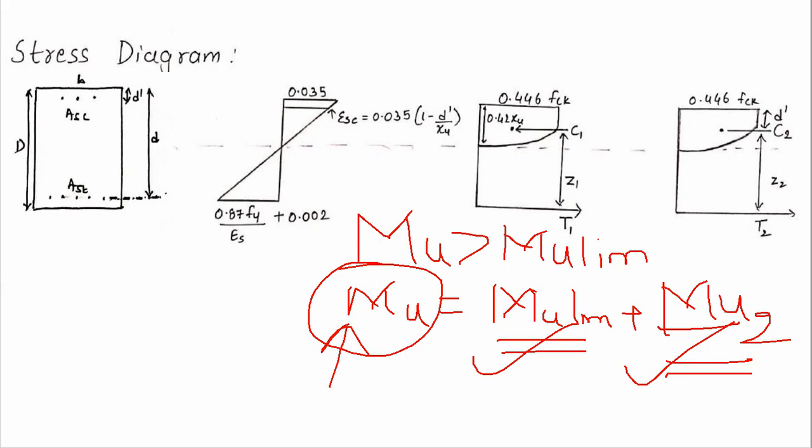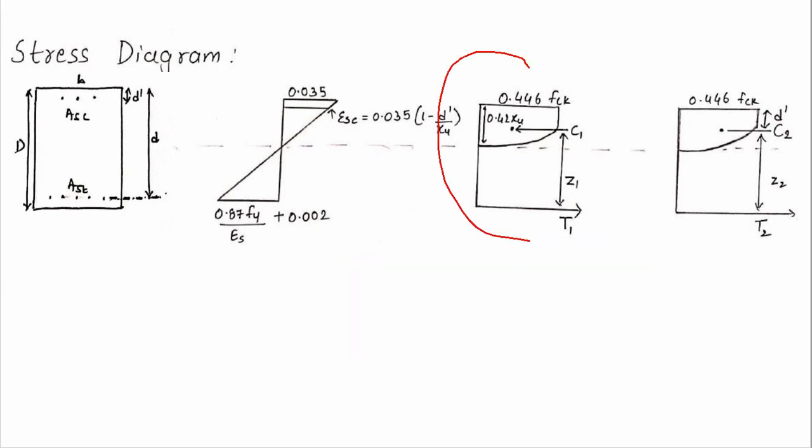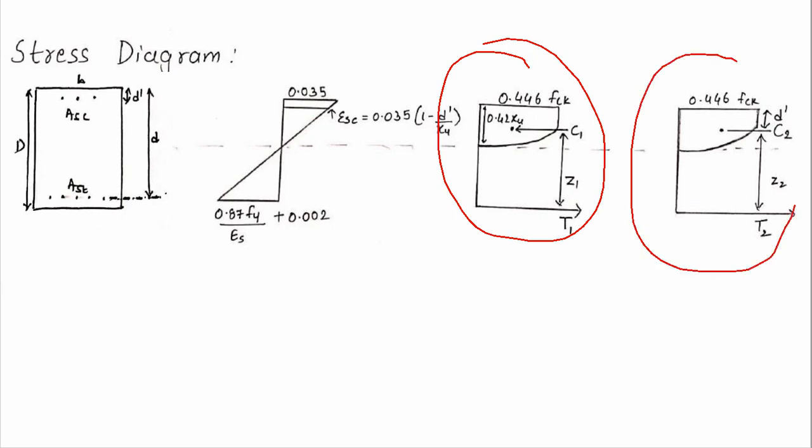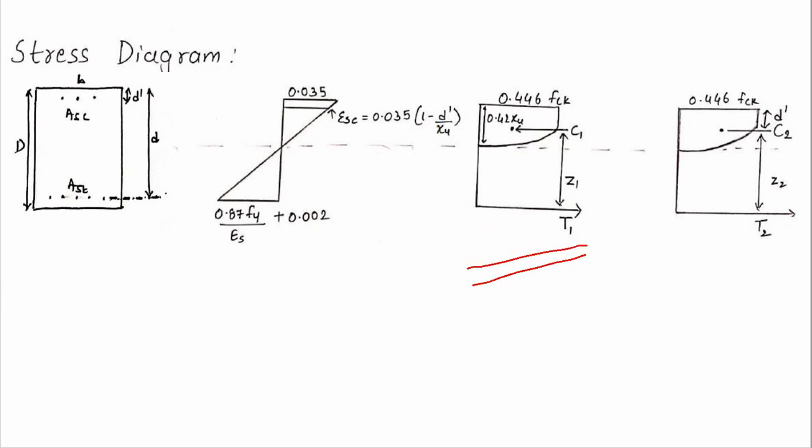So here the stress diagram is divided in the same portions. Total stress will be stress of singly plus stress of doubly, or as per our book it will be auxiliary. So stress diagram for singly will be same as we have seen in the previous chapter. No change in that. The only change is in stress for doubly.